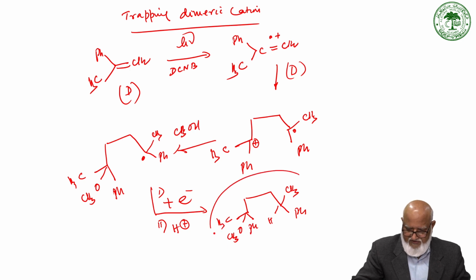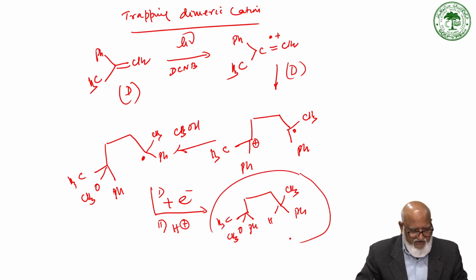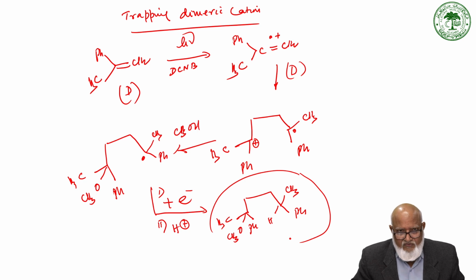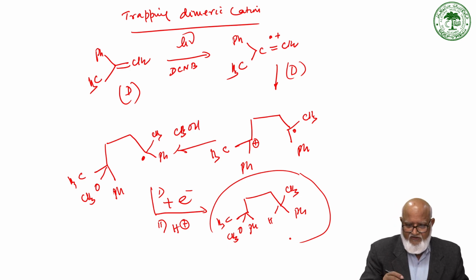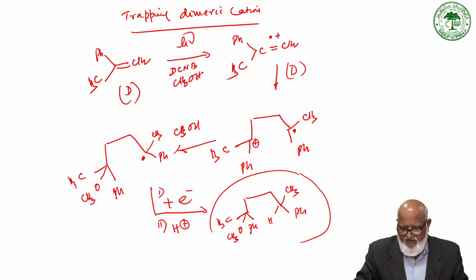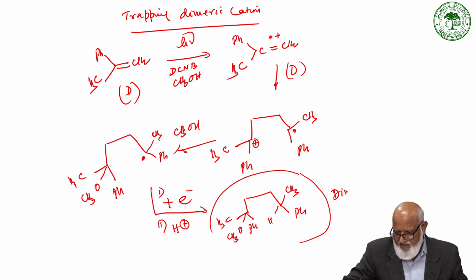So we can see a very nice photoinduced hydrogenation or reduction of the carbon-carbon double bond in the presence of dicyanobenzene, with methanol, a protic solvent, giving the saturated dimeric adduct.